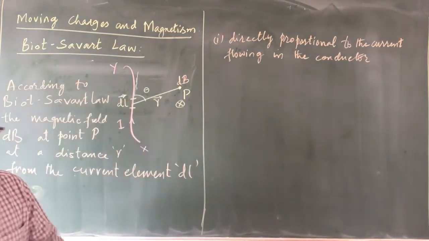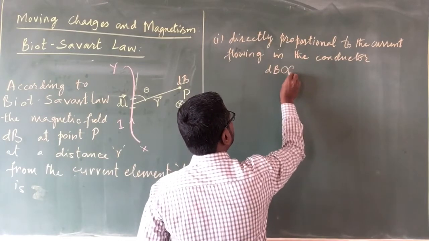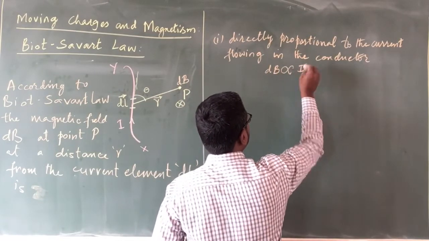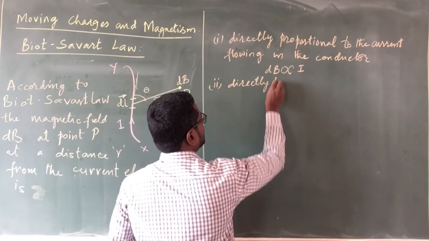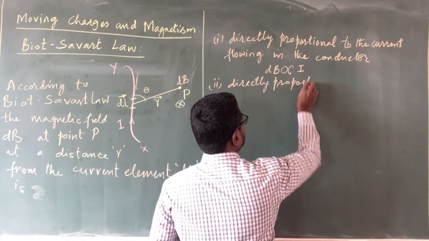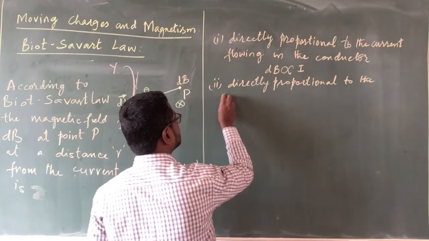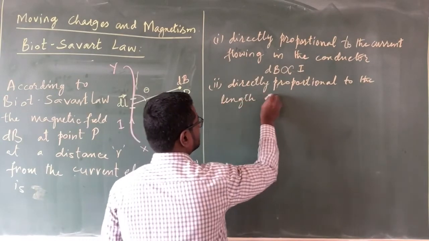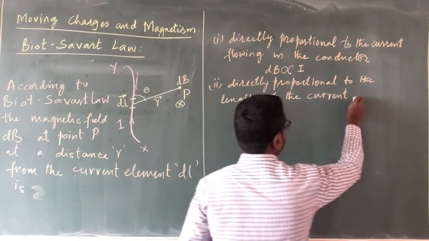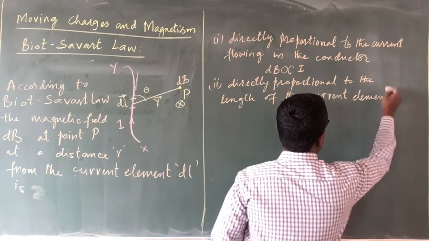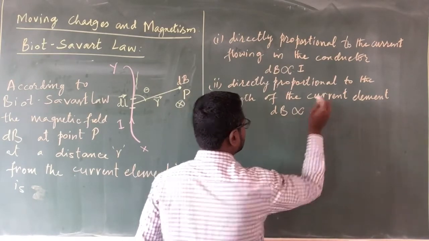If I write it as a proportionality, dB is proportional to I. It is directly proportional to the length of the current element, so dB is proportional to dl.